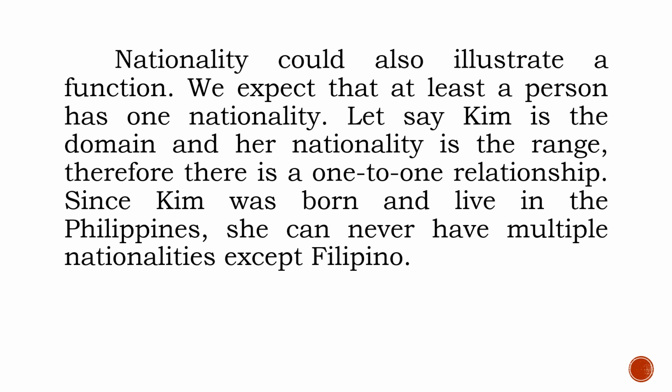So for Kim, nationality could also illustrate a function. We expect that at least one person has one nationality. Let's say Kim is the domain and her nationality is the range. Therefore, there is a one-to-one relationship because Kim was born and lives in the Philippines.